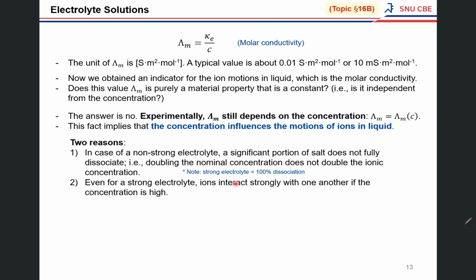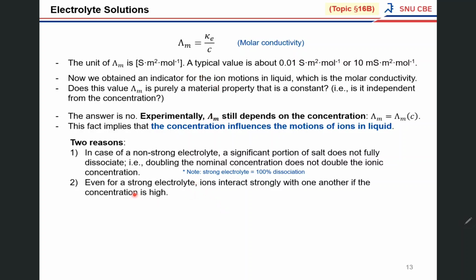If you double the nominal concentration, it doesn't double the ionic concentration. So this C is not purely proportional to the concentration of the ions inside the electrolyte solution.